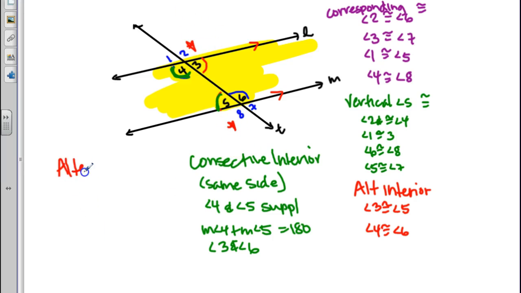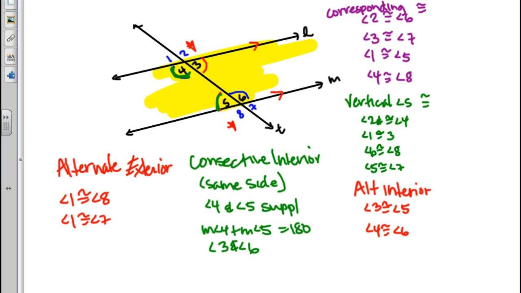So alternate exterior. Angle 2 is congruent to angle 8. Angle 1 is congruent to angle 7. Alternate exterior angles are congruent. All right, we will practice a ton on those, but you need to make sure that you understand where those angles are and when they're congruent and when they're supplementary.